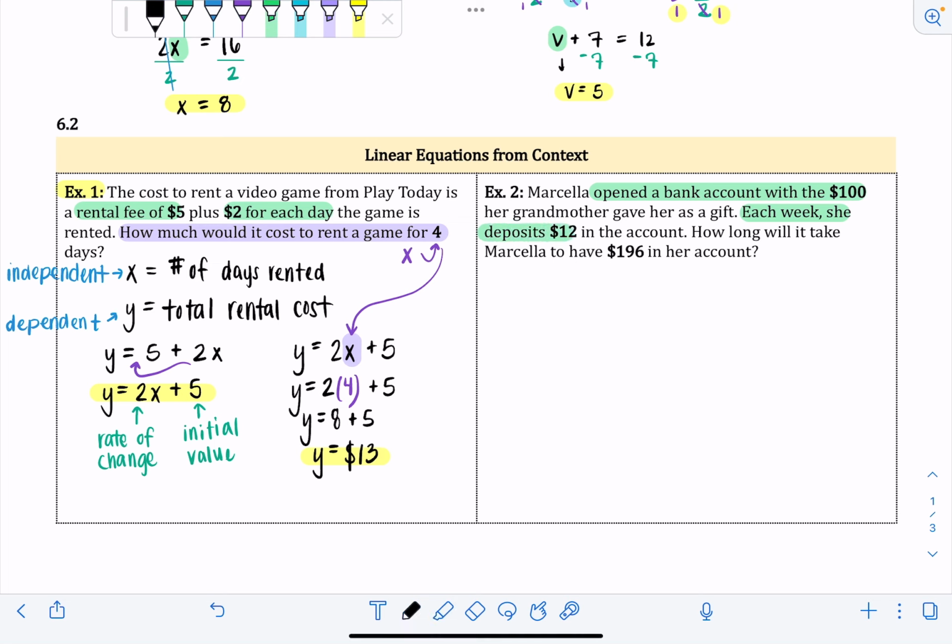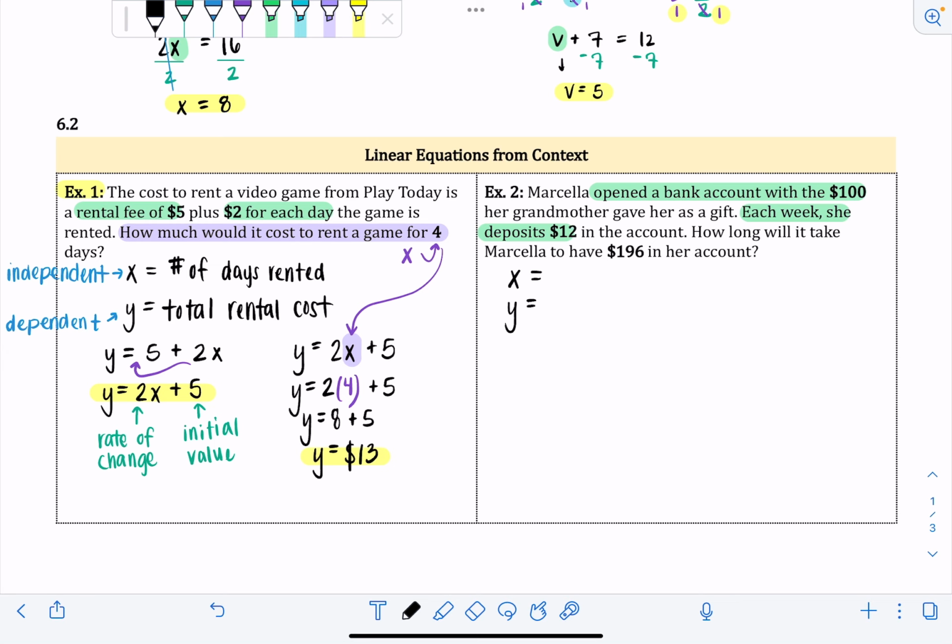So we first have to identify what our variables are going to be. We can use example 1 as a basis. So x is still going to be our independent, y will be our dependent. Considering that in example 1, x was our number of days rented, what's the x in this equation? It's what is going to impact how much we're able to save overall.